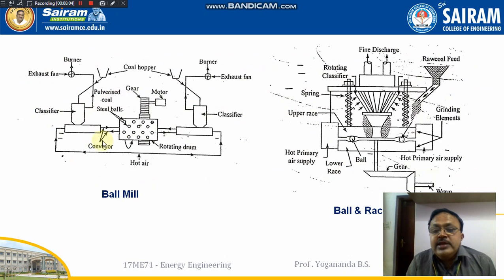Here you can see on the right side the ball and race mill. You have the balls here, and we have the upper race and the lower race. So here we have balls and races, and that's why the name ball and race mill.